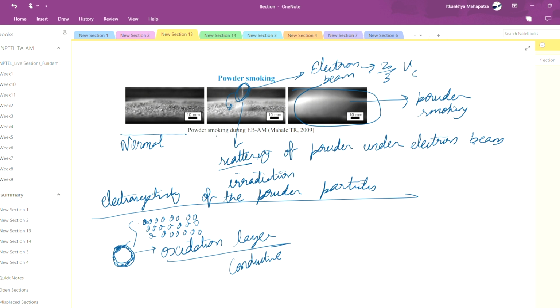The powder particle is conductive, and in the electron beam process, the powder should be conductive. So when the electron is coming like this, it will try to get inside this oxidation layer. They will get trapped because the outside layer is insulated. This is not conductive. This insulation will prevent the transfer of negative charge to the powder particles.